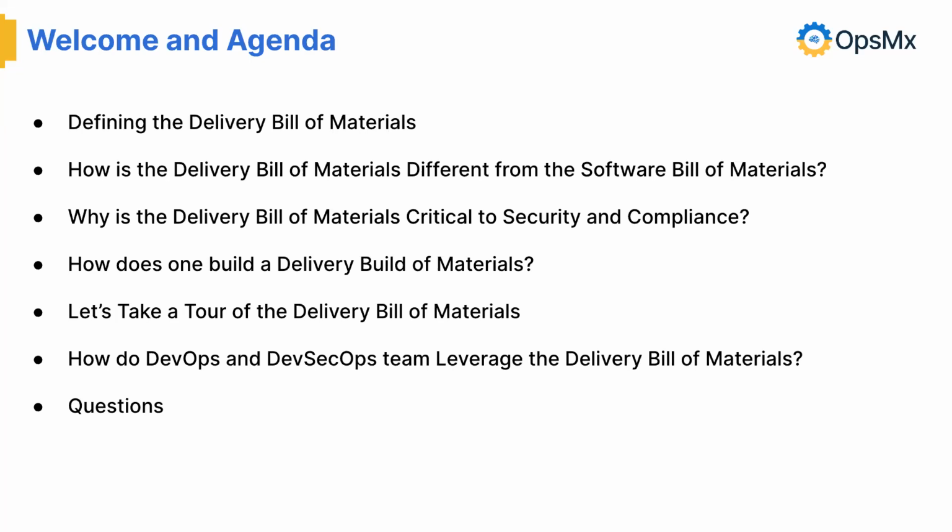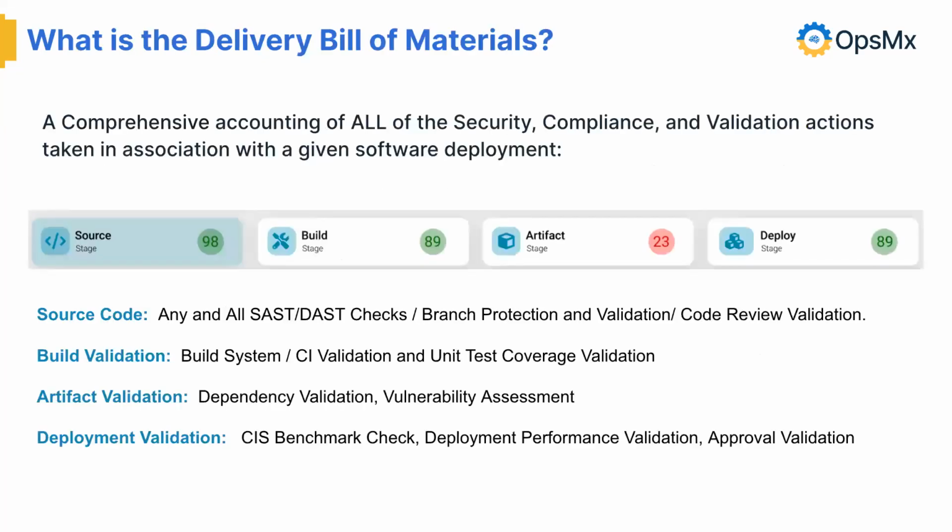So let's jump in. What is the delivery bill of materials? When we think about the delivery bill, it's really a comprehensive accounting of all of the security, compliance, and validation checks and actions that are taken in association with a given software deployment.